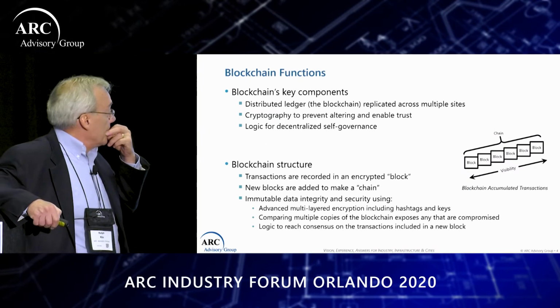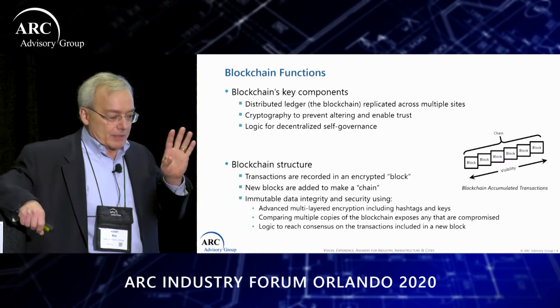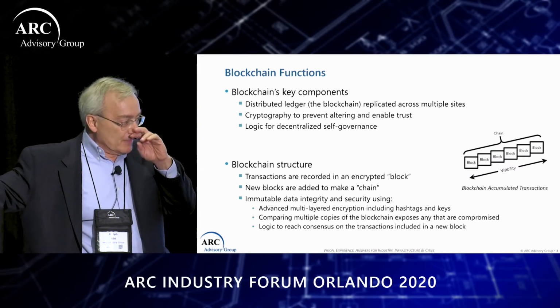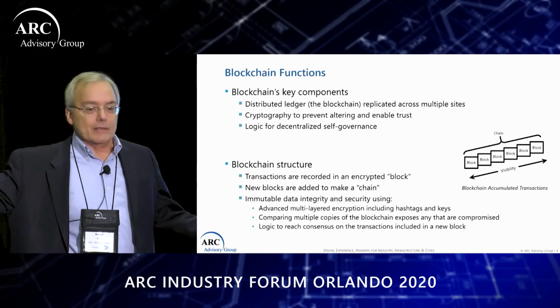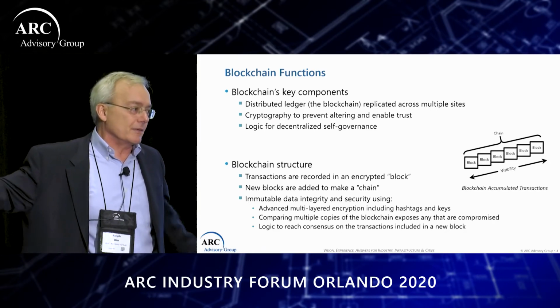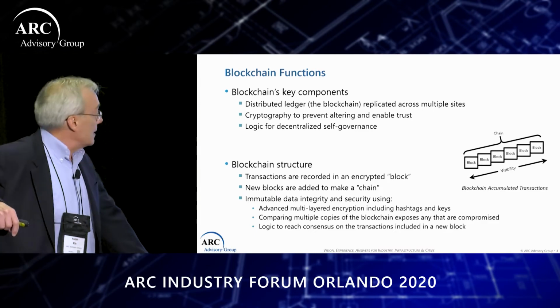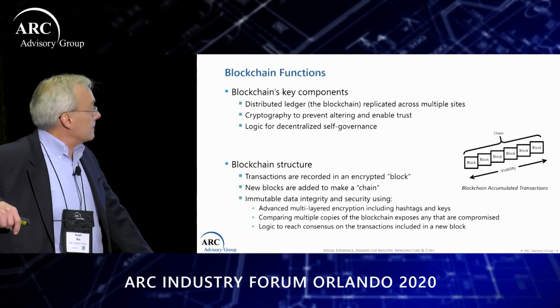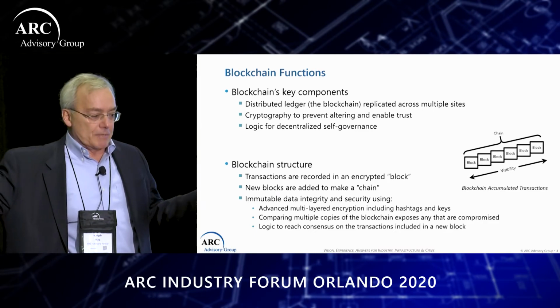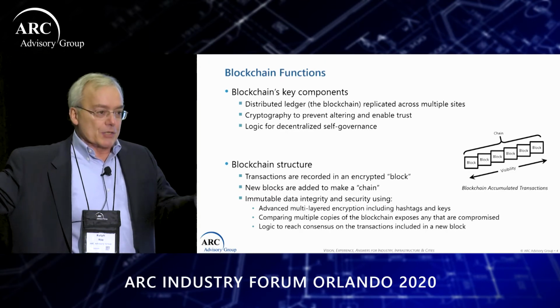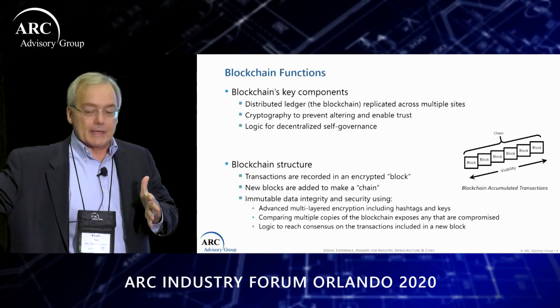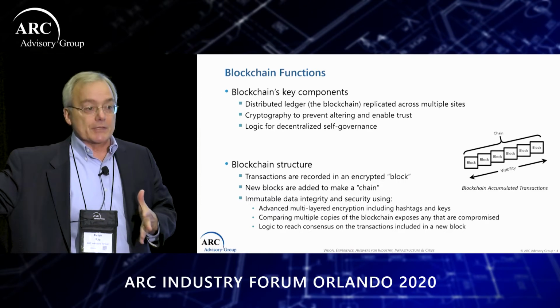Okay. So this is about as technical as I'm going to get, because people ask, what's a block and what's a chain, so I feel the need to cover that a little bit. It is a distributed ledger, meaning that you have a bunch of nodes, people participating in the blockchain, and each node has a copy.